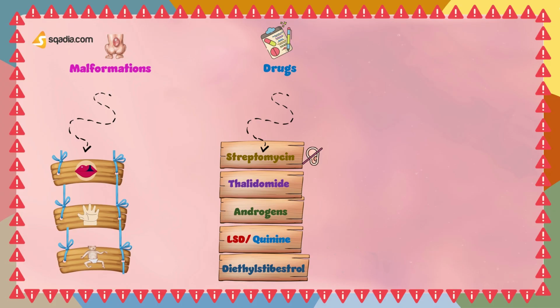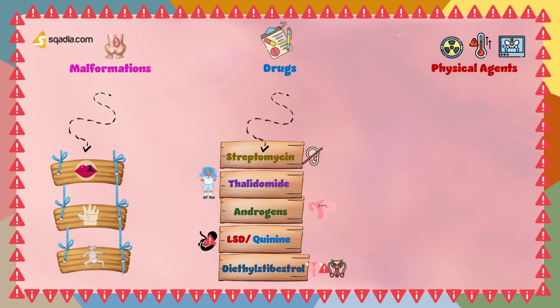Thalidomide, prescribed as a sedative or anti-nausea agent, created severe abnormalities in 10,000 babies before medical recognition in 1961. The most common was phocomelia. Androgens can cause masculinization of female external genitalia. Lysergic acid diethylamide and quinine are all teratogenic. Diethylstilbestrol causing malformations of reproductive systems.